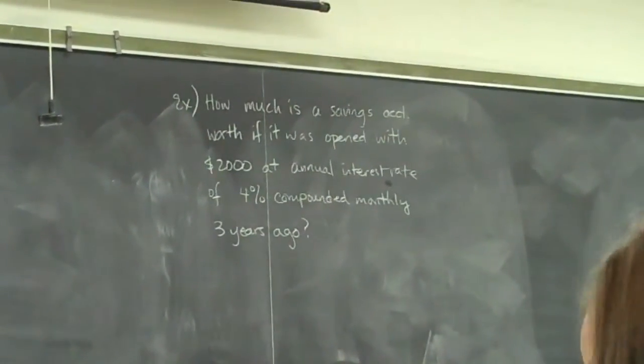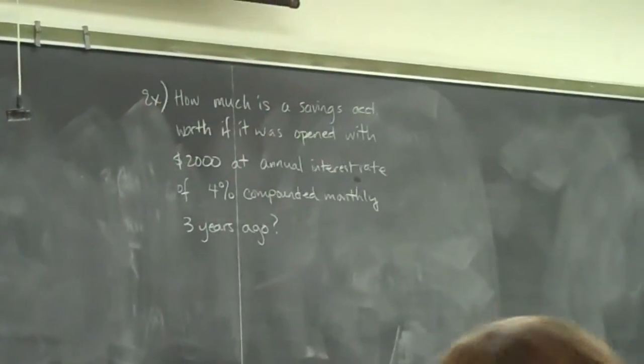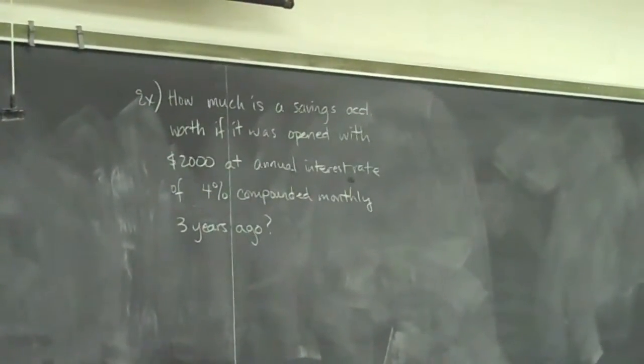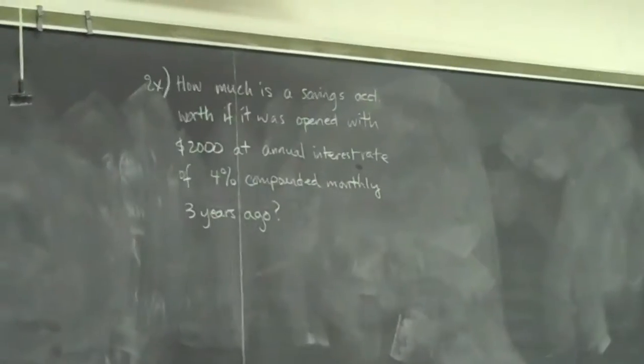How much is a savings account going to be worth if it was opened with $2,000 at an annual interest rate of 4%, compounded monthly, 3 years ago?